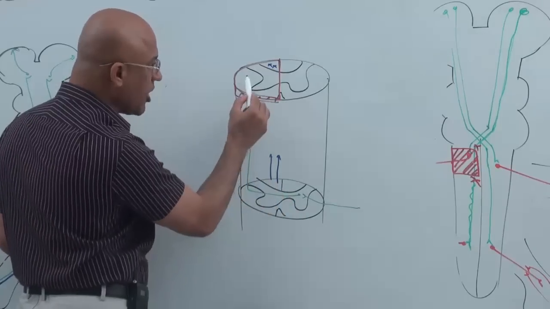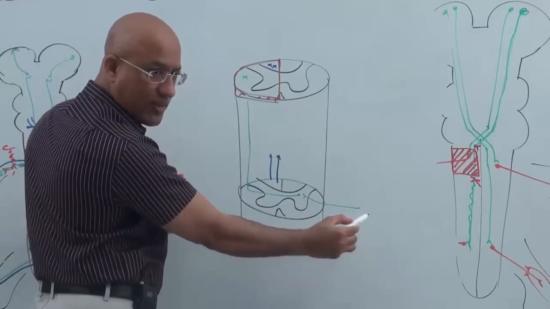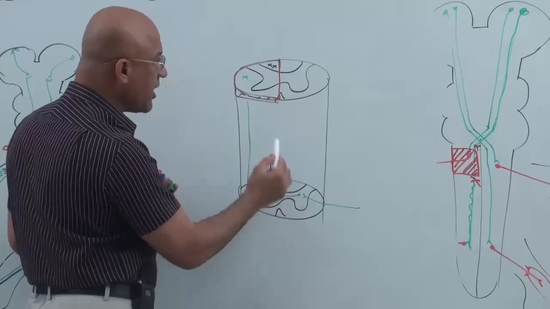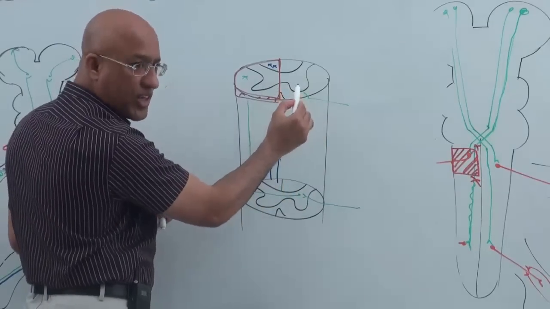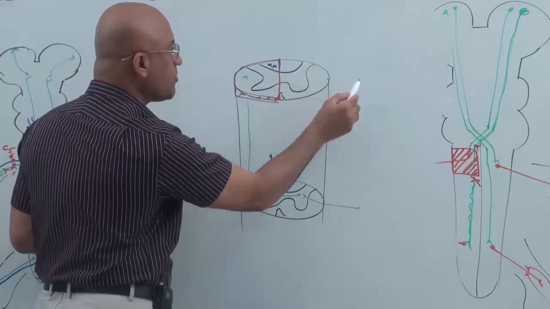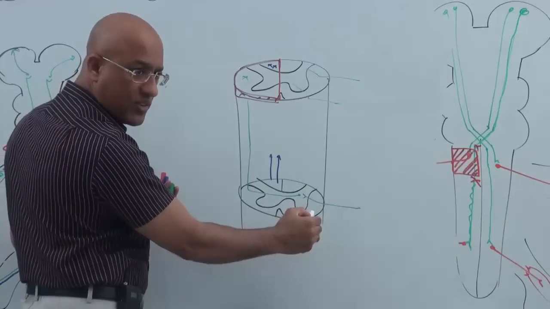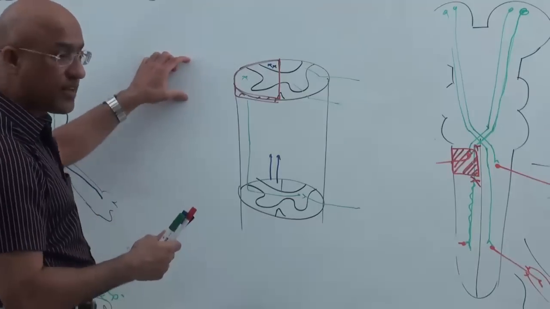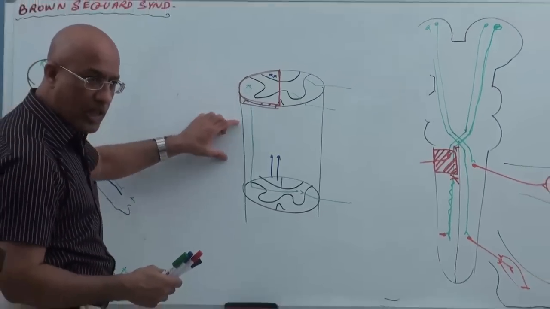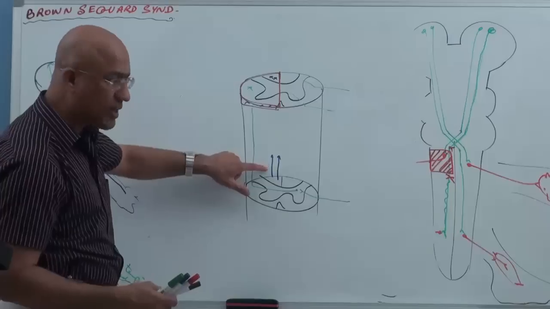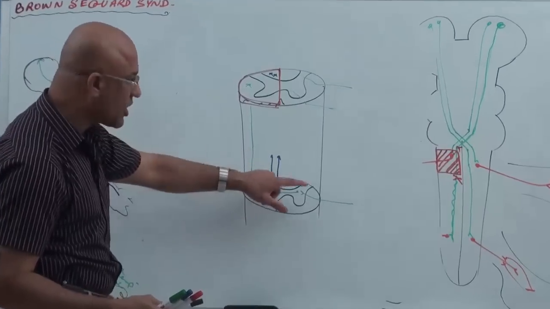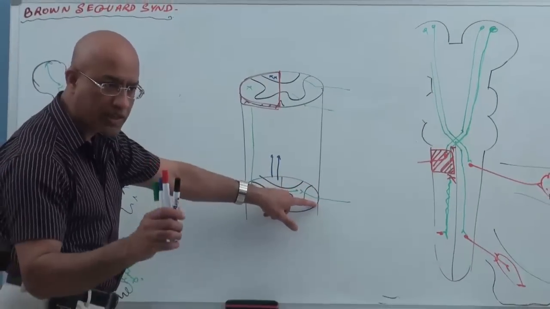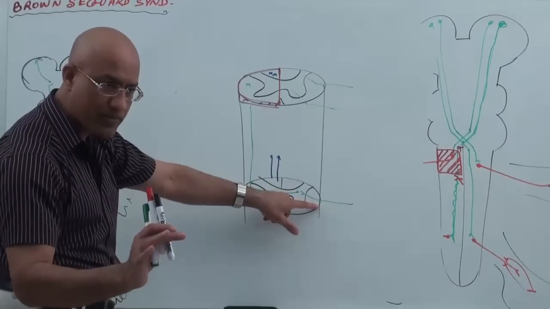So pain and temperature are lost on the contralateral side. Is that right? But because a little bit of angulation occurs here, it is one or two segments down. So at the level of the lesion there is complete anesthesia; below the level of the lesion, ipsilaterally dorsal column sensation is lost, and contralaterally pain, temperature and crude touch are lost.